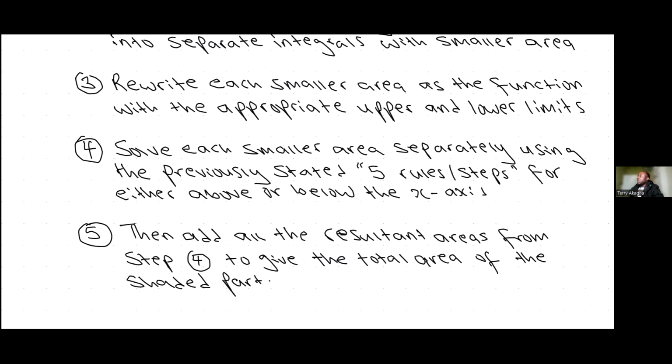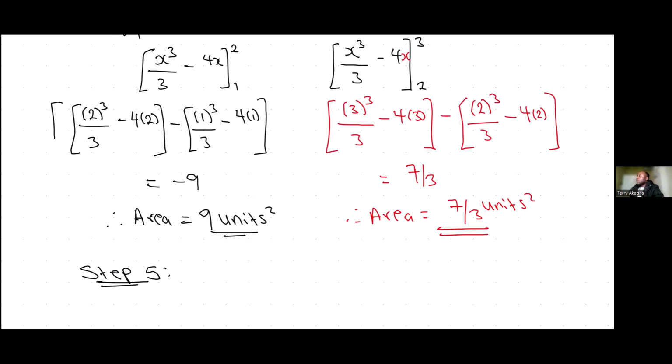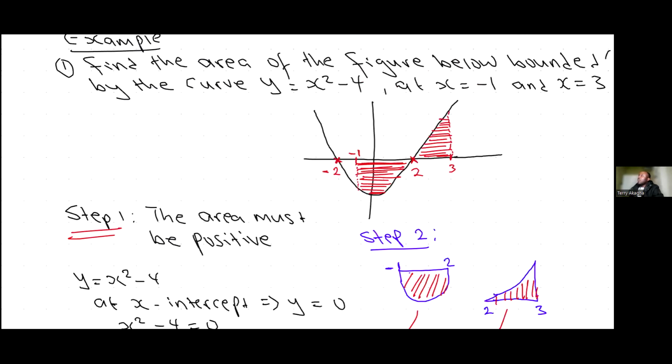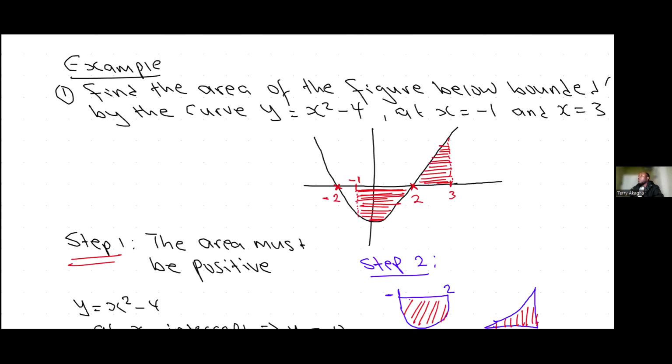So we're going to go back and add all the areas from step 4. The areas we have are 9 plus 7 over 3. And this is going to give us 34 over 3 units squared. So that means the area of this curve here that we have is 34 over 3 units squared.